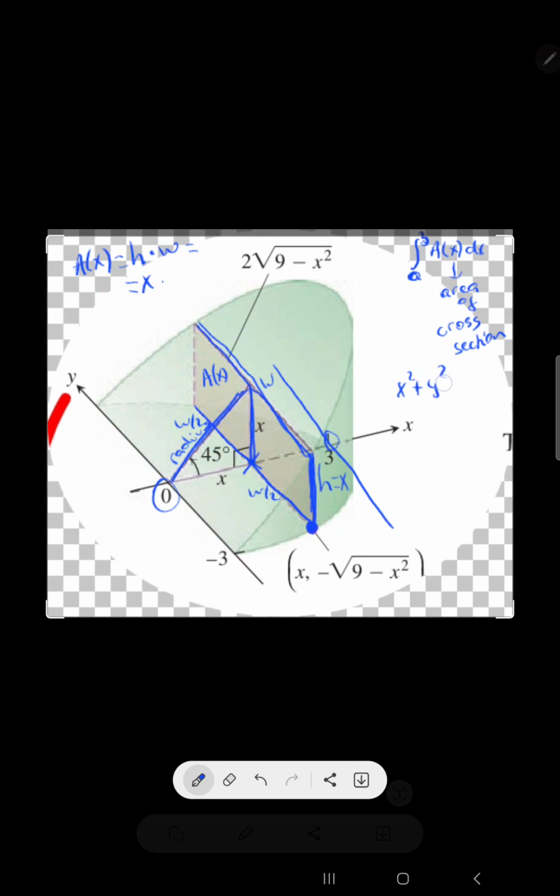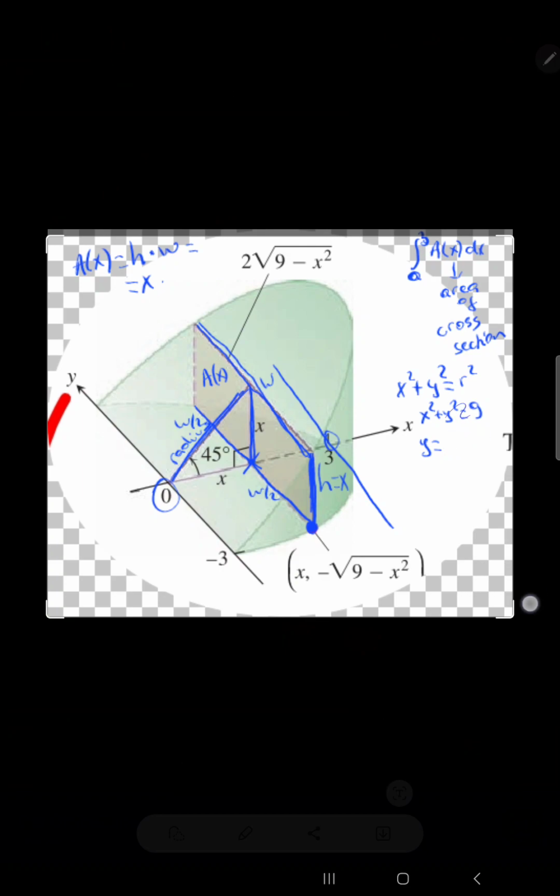X squared plus y squared equals r squared, and r was 3. It was given. X squared plus y squared equals 9, and y is equal to plus or minus the square root of 9 minus x squared.